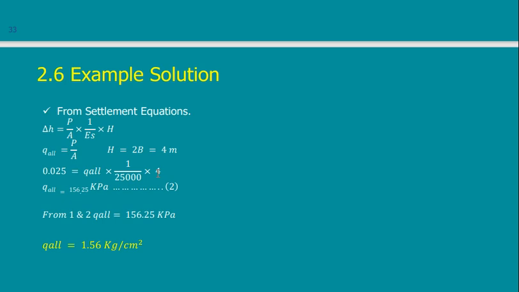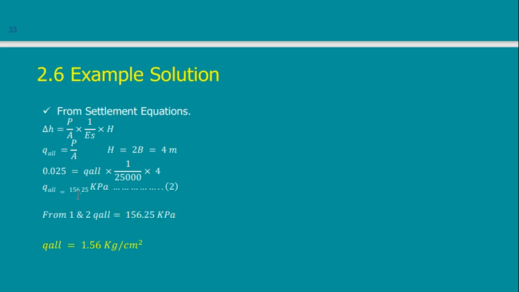Below this, the amount of stress reaching the soil is less than 10%, so we can ignore it. So if H is twice the B, and I have a B of 2 meters, then I will study only 4 meters for the settlement. Then I will use all of this in the equation.